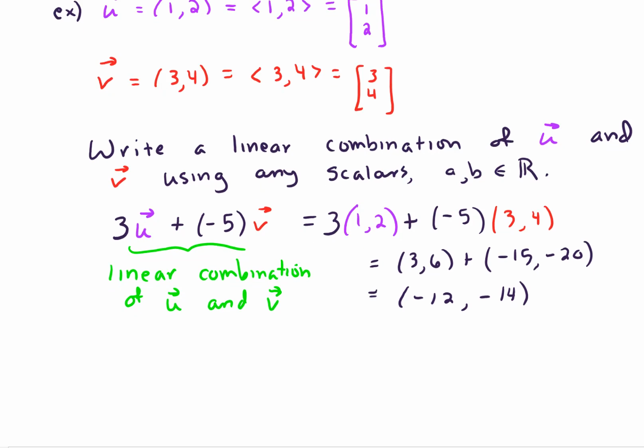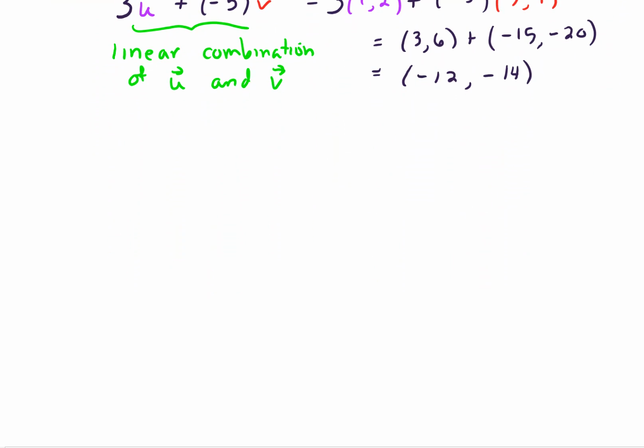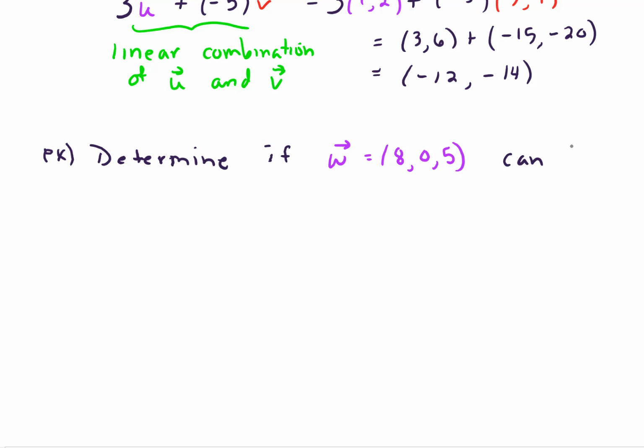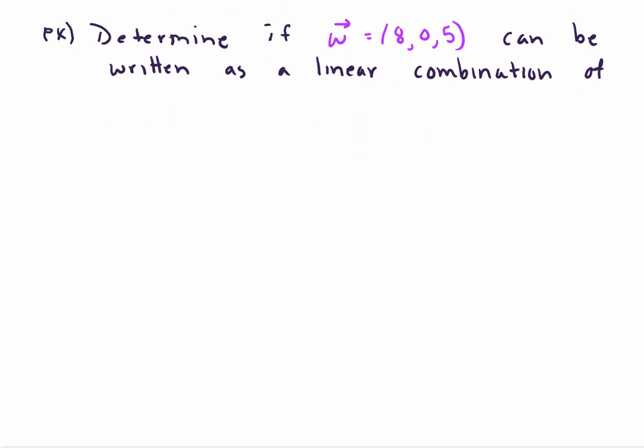Okay, here's a different type of problem. In this example, let's determine if vector W, which is given by 8, 0, 5, can be written as a linear combination of vectors U, where U will be the vector 1, 2, 3.